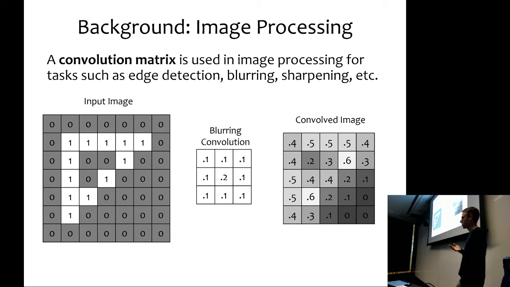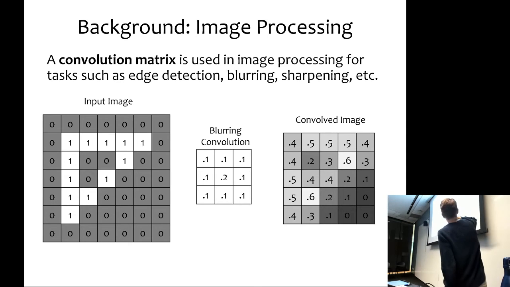We could also use parameters like this one, where we have 0.2 in the middle and then 0.1s around the outer edges, which will give us back a blurred version of the original image. And so that's actually what we're seeing here.